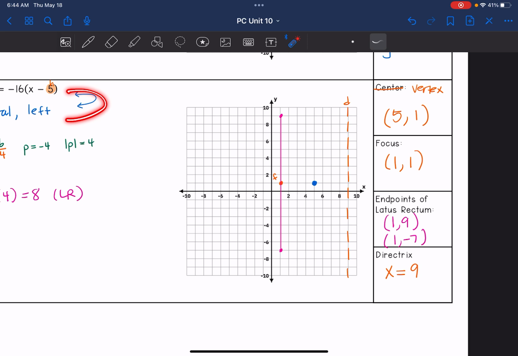Again, make sure it's pointing to the left. It needs to hit those endpoints, so it's going to be kind of wide when you draw it in. Kind of like that.